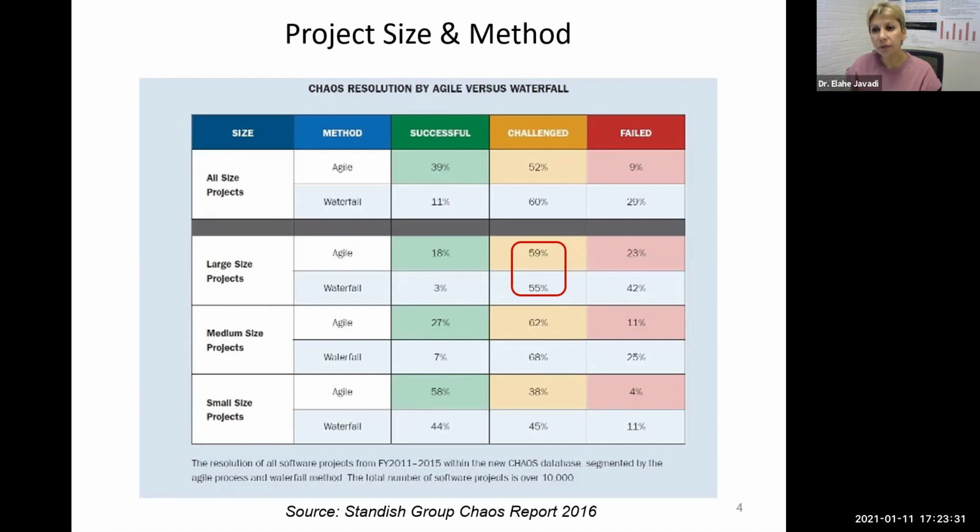Can you tell me in what size project that difference is more salient? Is it for large projects that the difference is more salient, or the percentage of difference, or for medium or small?